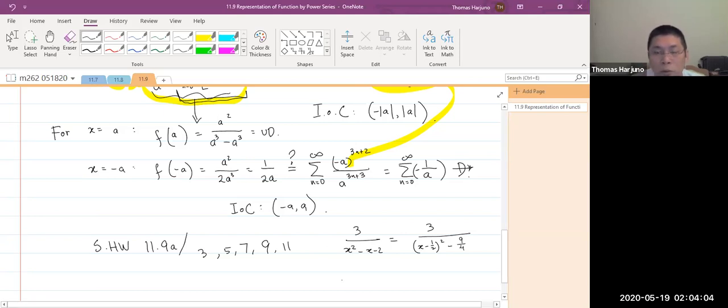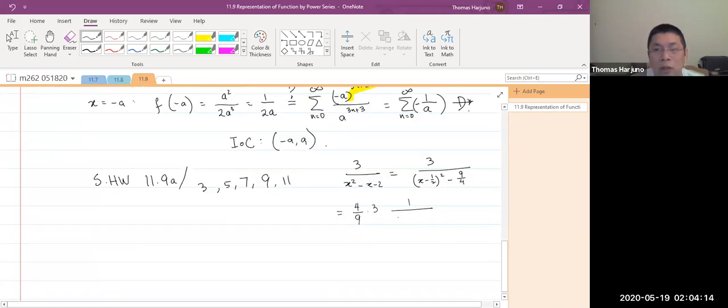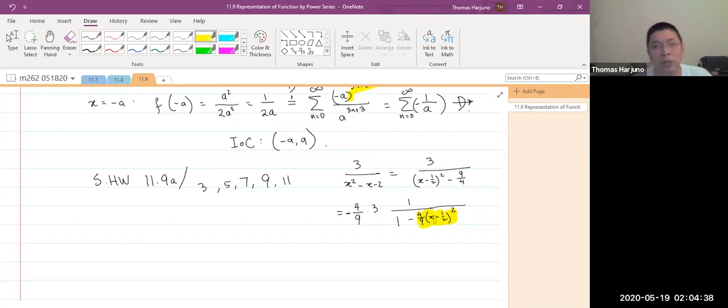So you then factor 4 over 9 out, and 3 out, and you will get 1 minus 4 over 9 times (x minus 1/2) squared. So this will be your quote-unquote x later on. Okay, that's the main part that we will need to do right now.